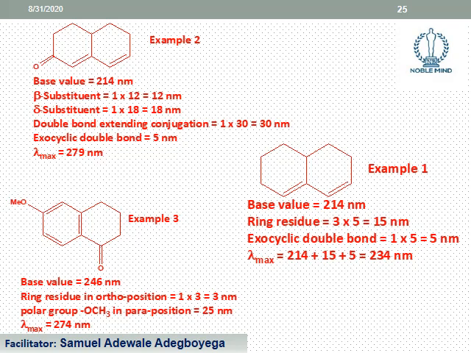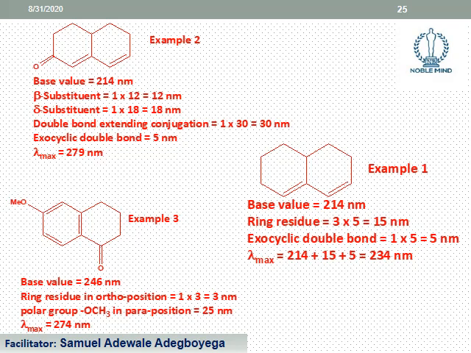The total maximum wavelength of absorption was summed up to give 234 nanometer. If you check example 3, I wish you go back to the table of values to check the base value, which is 246 nanometer.